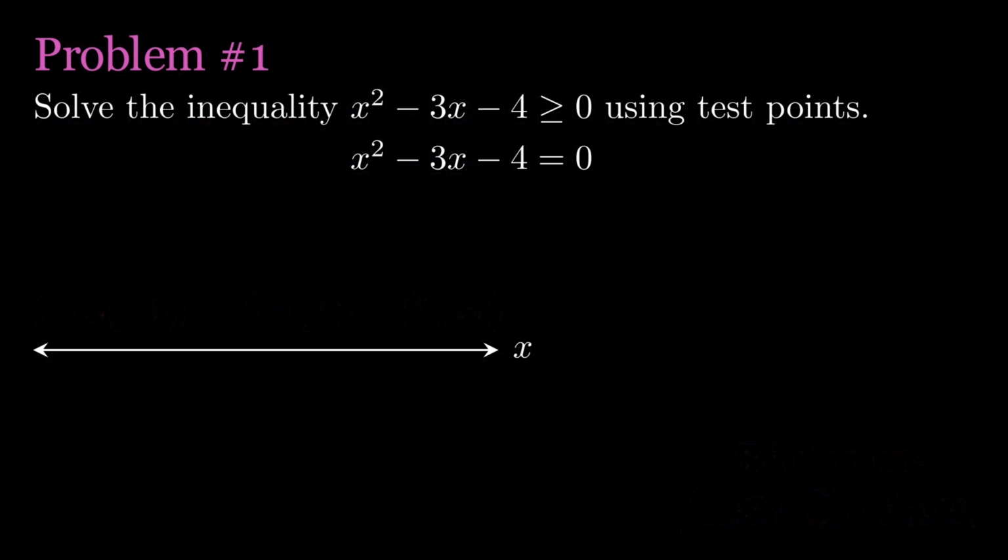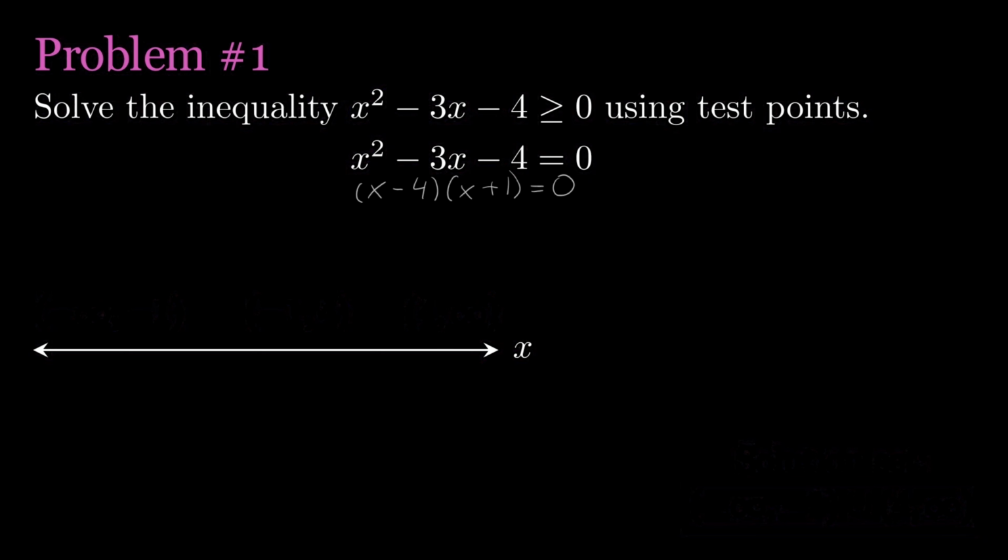It's already presented in standard form, so we can check if we can factor. The number -4 can be presented as the product of -4 and 1, and these numbers add to -3. So it factors as (x - 4)(x + 1).